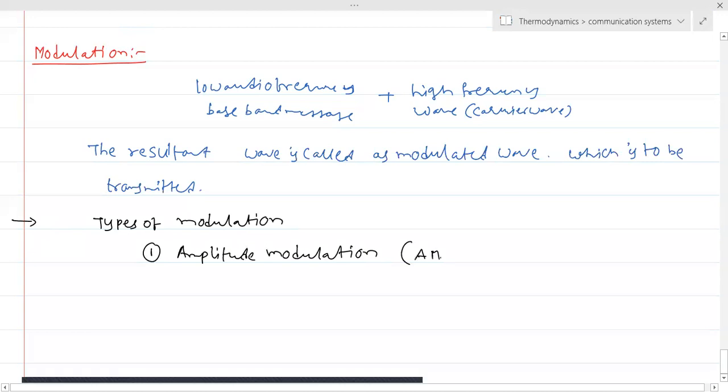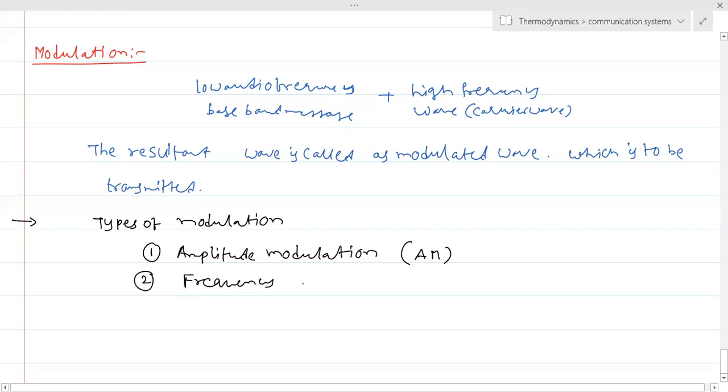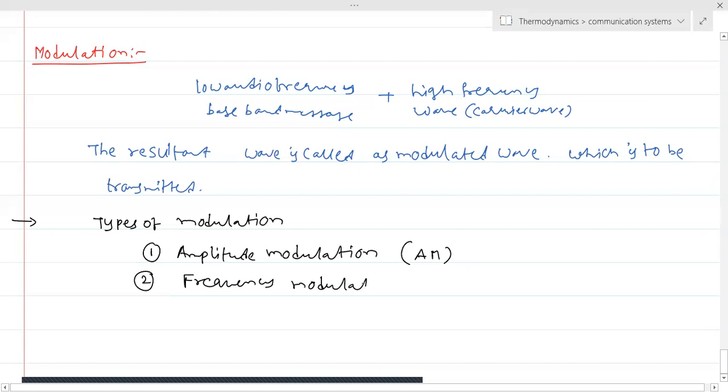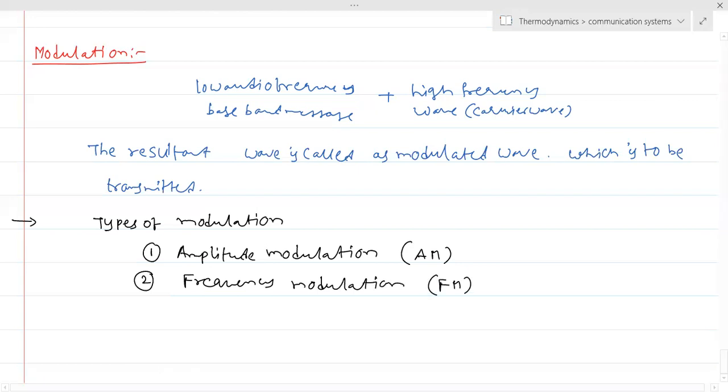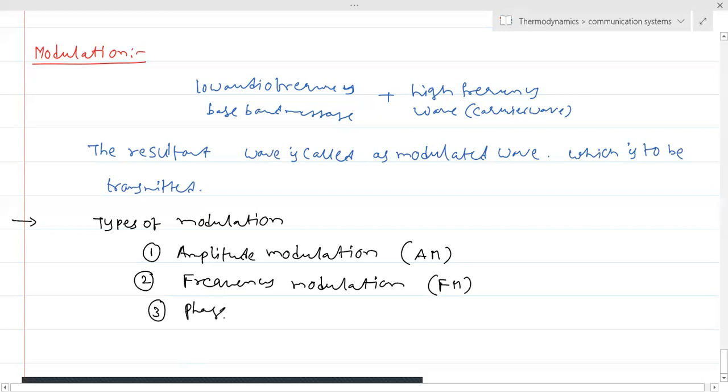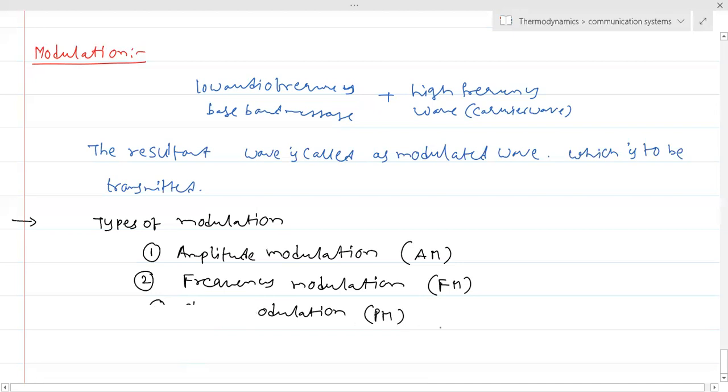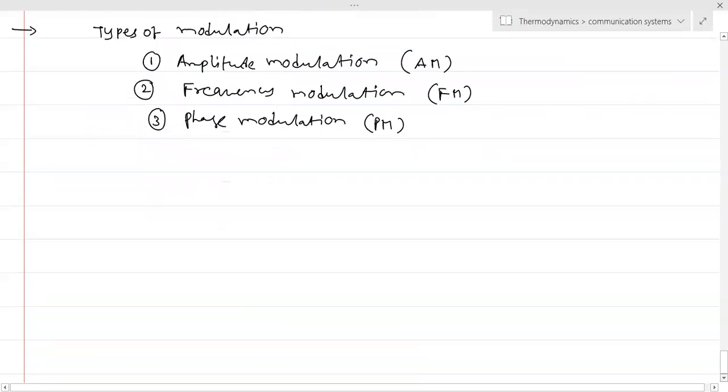And the second one is called as frequency modulation, that is FM. And the third one is phase modulation. So majorly we are having questions only from AM, that is amplitude modulation. So this is in our syllabus. So now we will think of amplitude modulation.